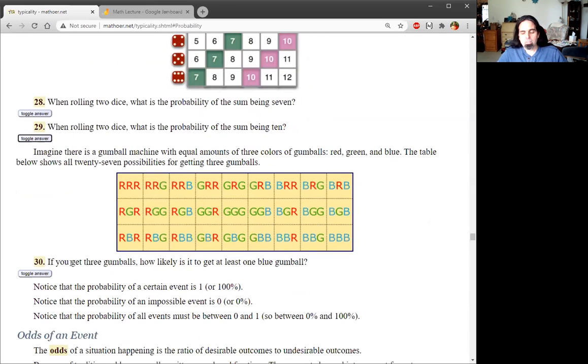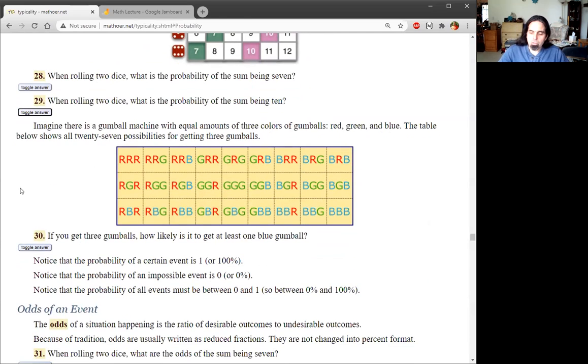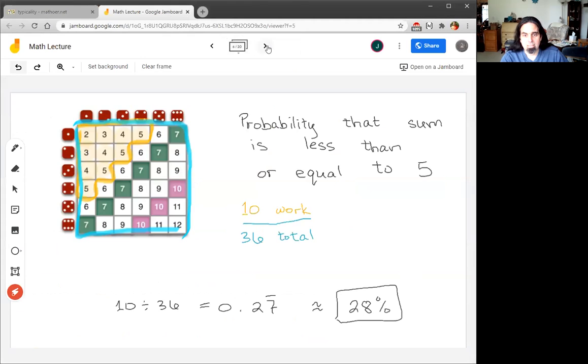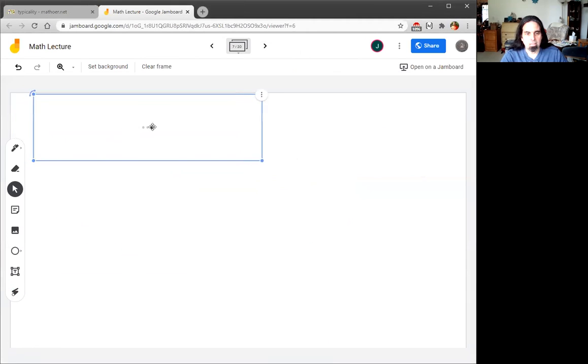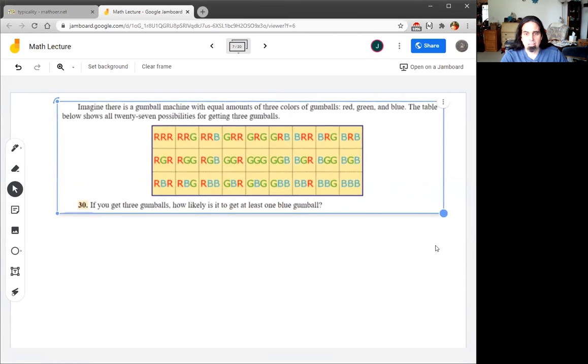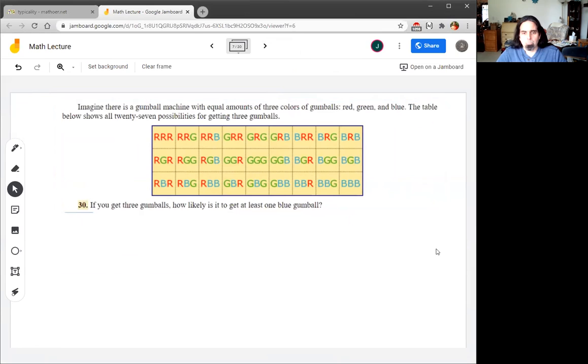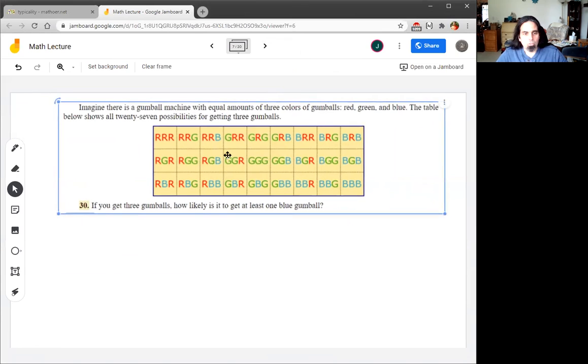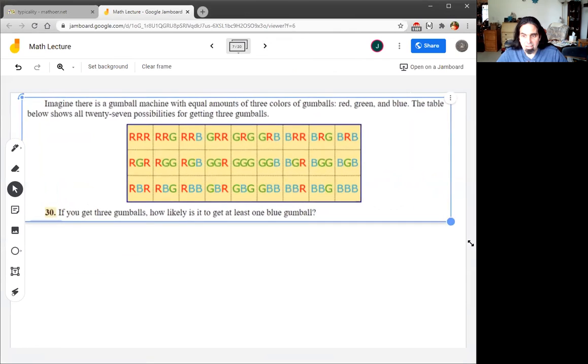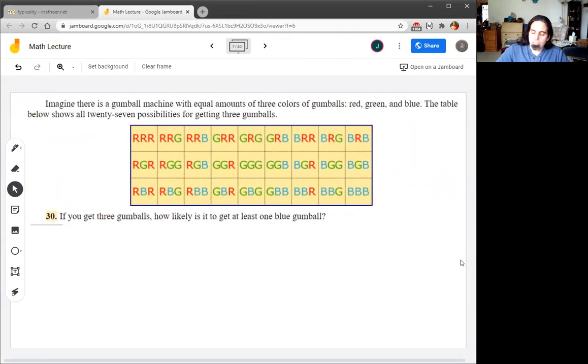If dice seems a little cliche, we can talk about gumball machines. Imagine there is a gumball machine with equal colors of all these gumballs. And to be polite, I've already made a nice colorful chart of all the ways you could get 3 gumballs out of the machine.